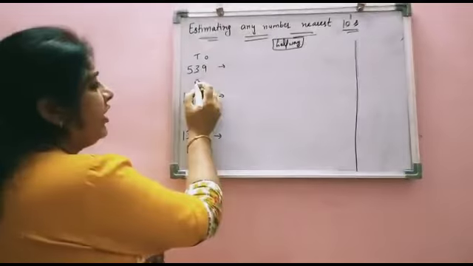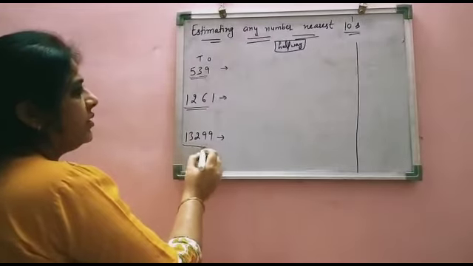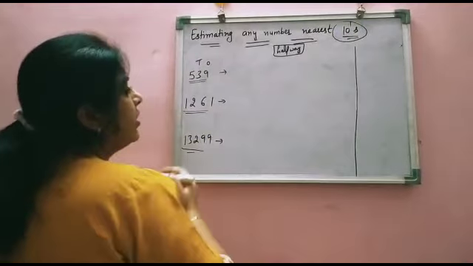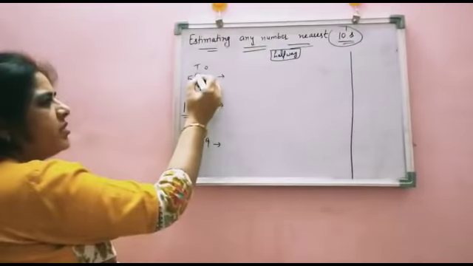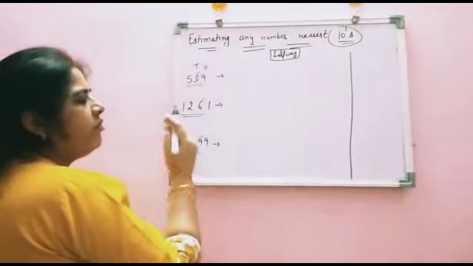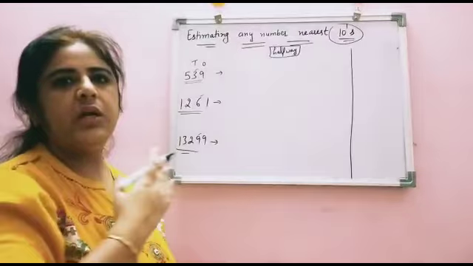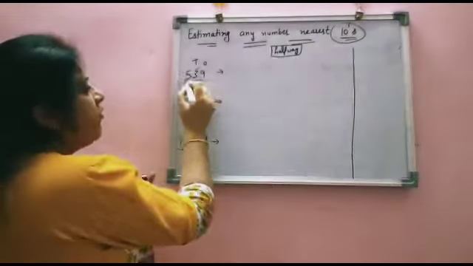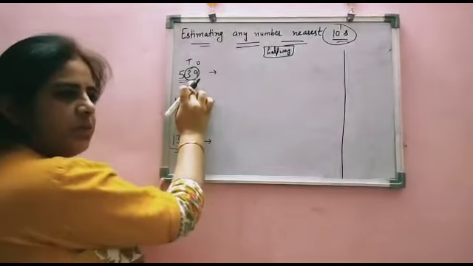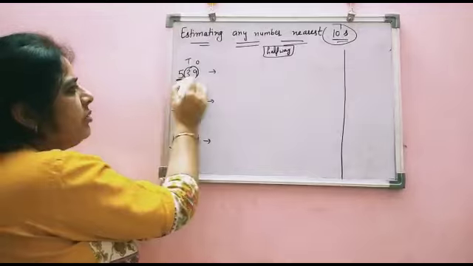Students, here we are with a 3-digit number, 4-digit number, 5-digit number, and we are estimating these numbers to the nearest tens. See, what is the tens place digit here? 3, here 6, here 9. Now when we are estimating to the nearest tens, we know we go with the multiple of 10 only. So 539, it means 39, we know it lies between 30 and 40, but it's 539, so the 5 will remain the same.